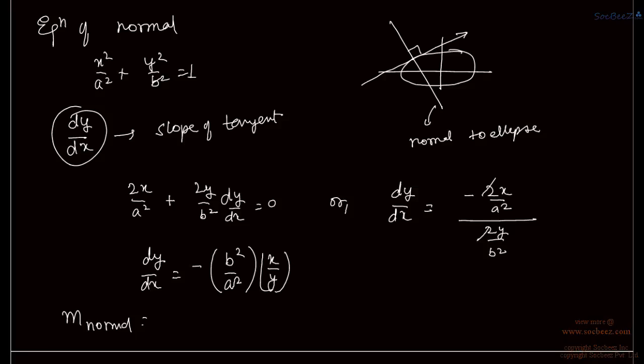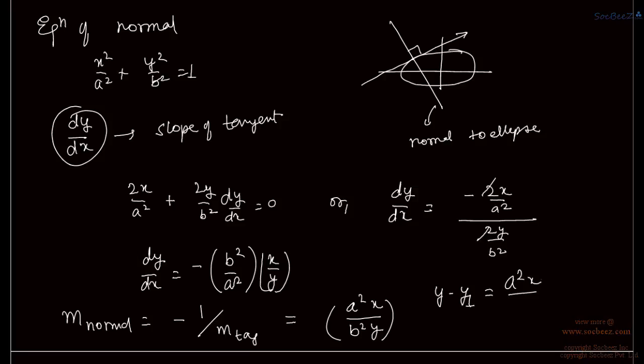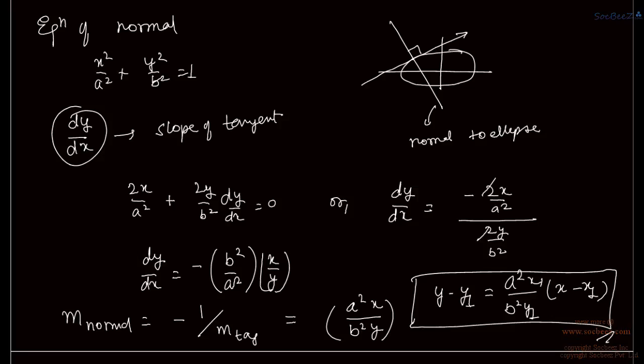The slope of normal can be written as minus 1 by the slope of tangent, which is equal to a square y upon b square x. So we have y minus y1 is equal to a square y1 upon b square x1 into x minus x1. This is the equation of normal. And if we want to write the equation of normal in parametric form, we simply put x1 as a cos theta and y1 as b sin theta.